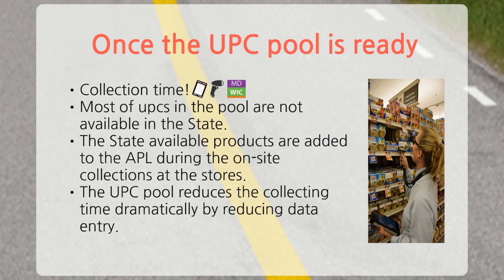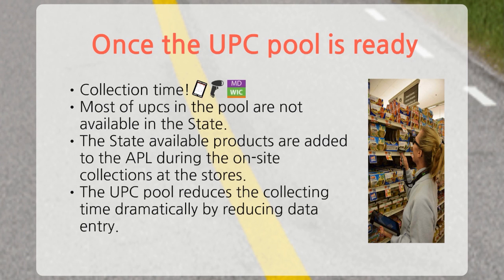The UPC pool reduced the collecting time dramatically by reducing data entry. Whenever you scan and collect UPCs at the store level, you have to type in every piece of information. But because we already have the product information of the UPCs, the collector does not need to type everything.